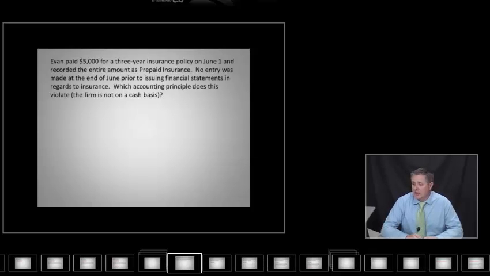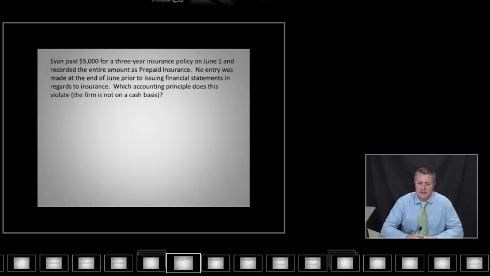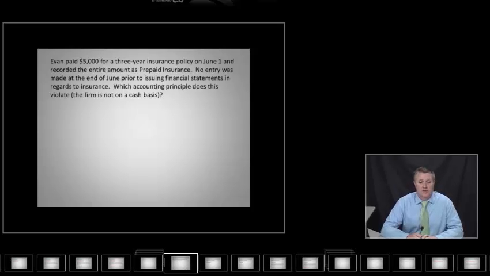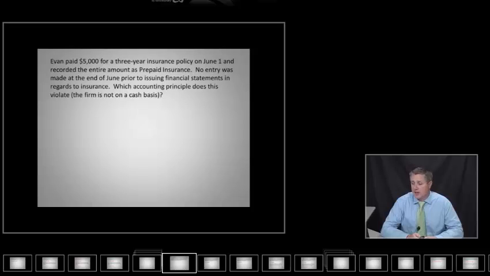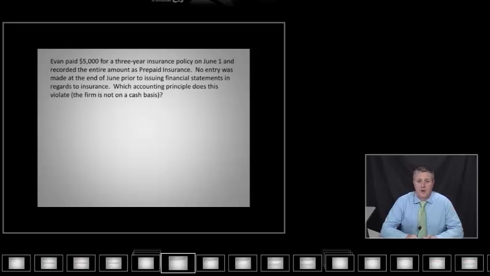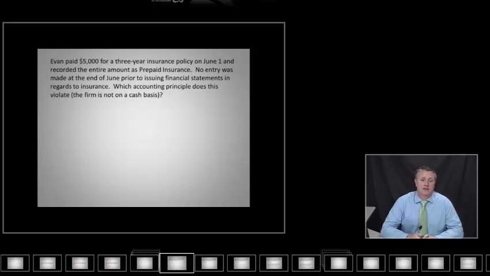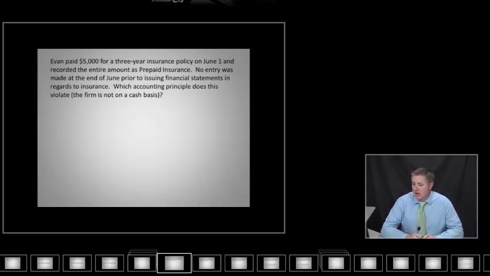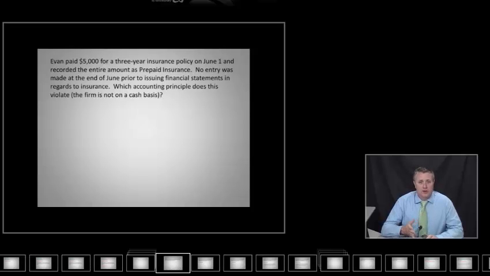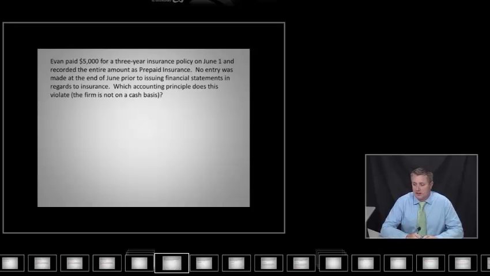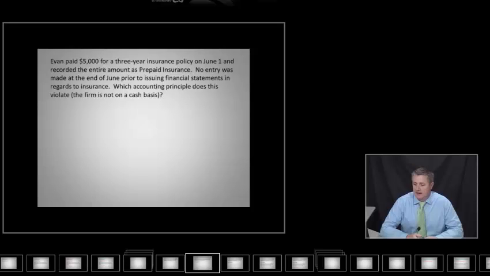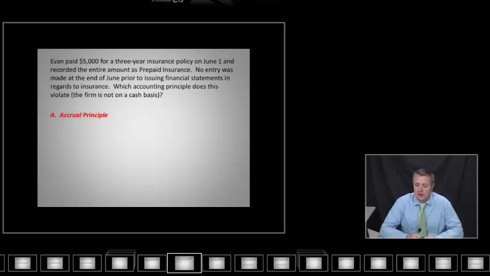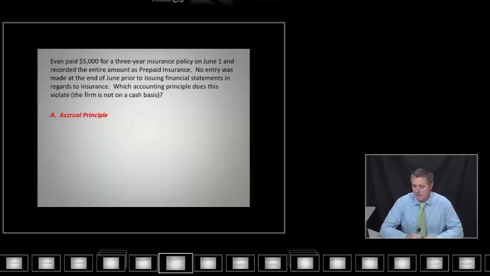When you pay in advance for something that will ultimately become an expense, you might record it as prepaid insurance, but as the item is used up, once a portion of the insurance has expired, you need to recognize that as an expense. Not doing so would be a violation of the accrual principle of accounting.